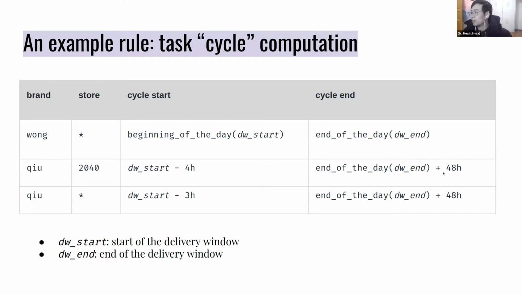And for the end of the cycle, it may be the same as the others. So it's a quite typical but simplified case of the formula, the business rule. We have plenty of those rules.